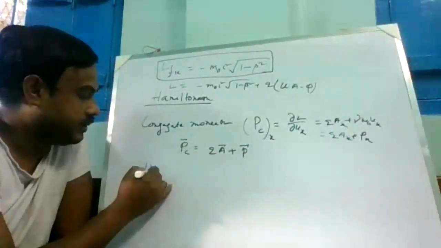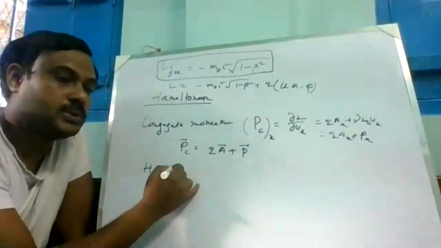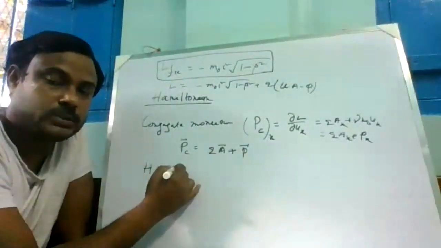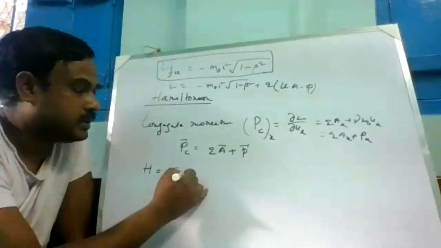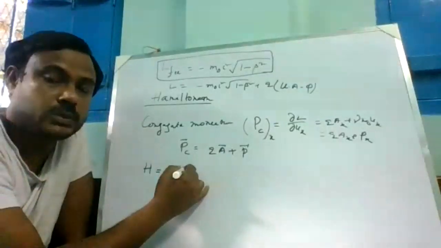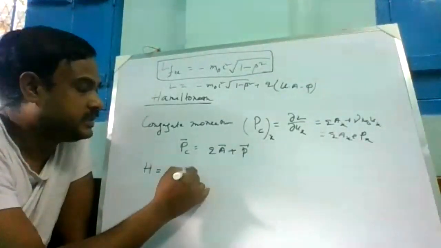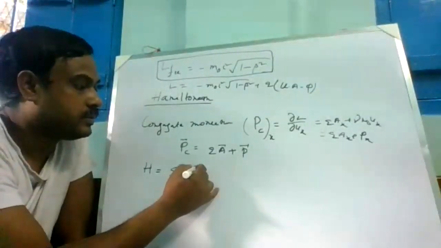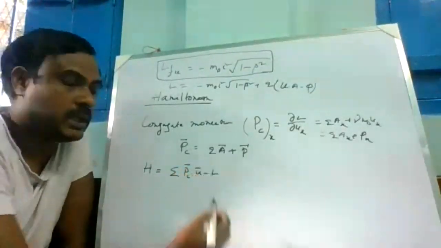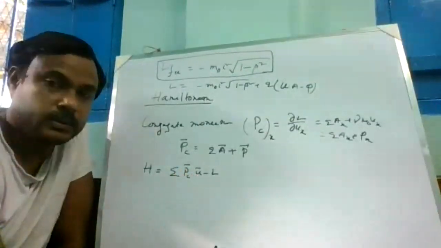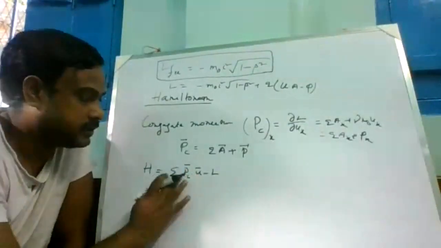Now we know the Hamiltonian H will be equal to, for a single particle, the summation of Pc dot u minus L. But we are considering a single particle, so the summation goes out.